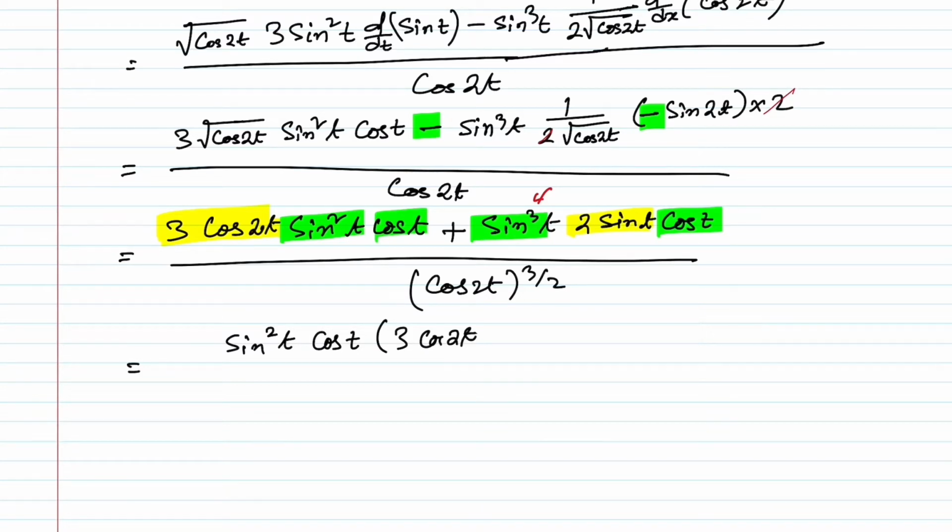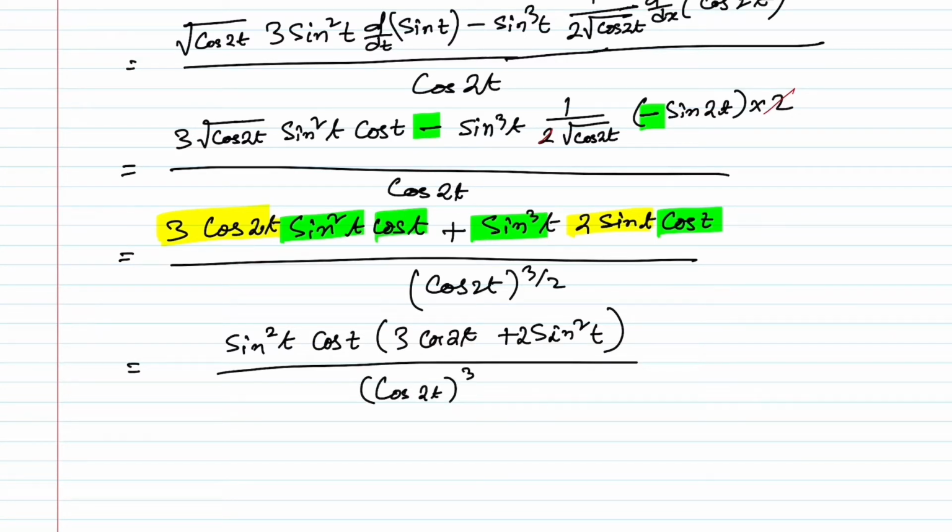So plus sin square t, and there should be a 2, divided by cos 2t to the power 3/2. So this is what we have got.